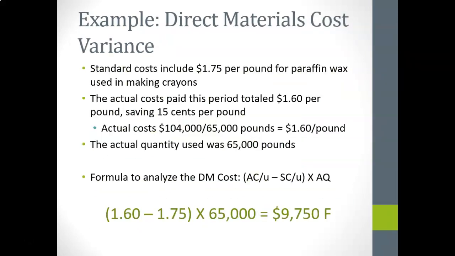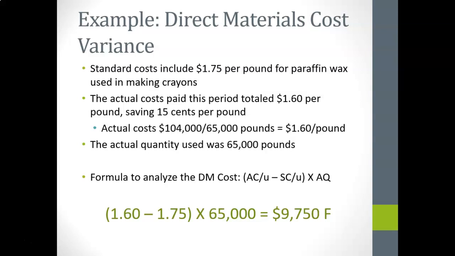Now we're going to take that and divide it out into how much of that is related to the cost variance and how much is related to the efficiency variance. So this slide shows you the cost variance. And just to reiterate, our standard cost was $1.75 per pound for paraffin.